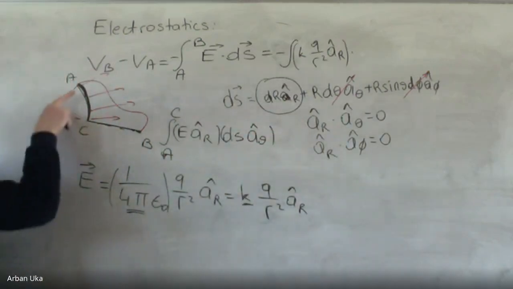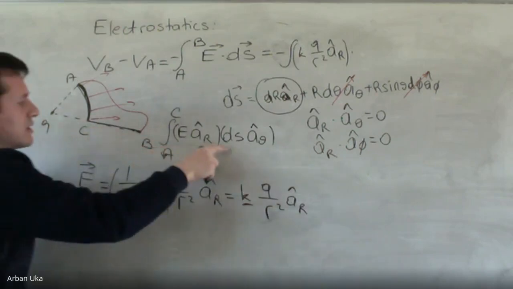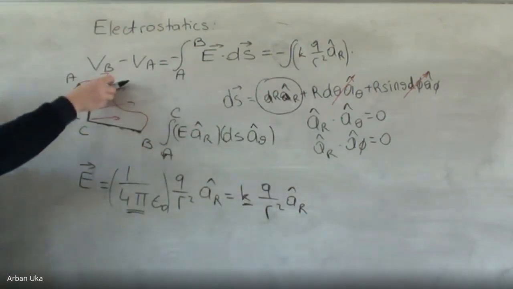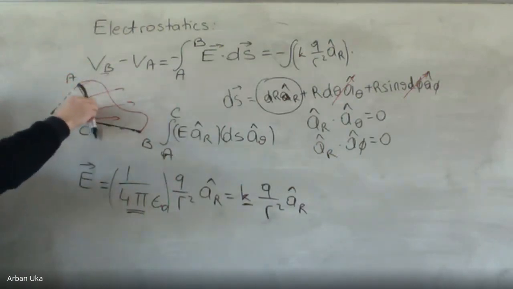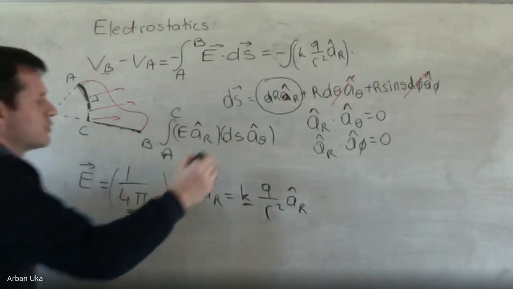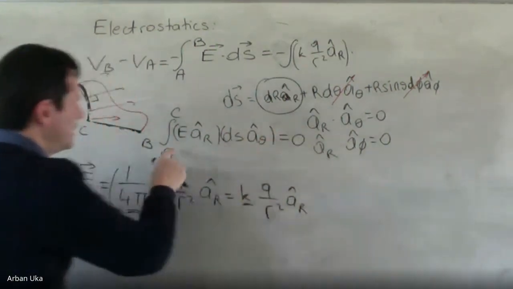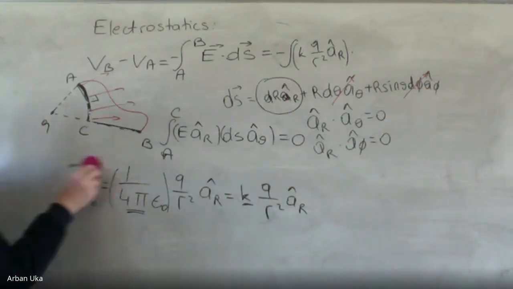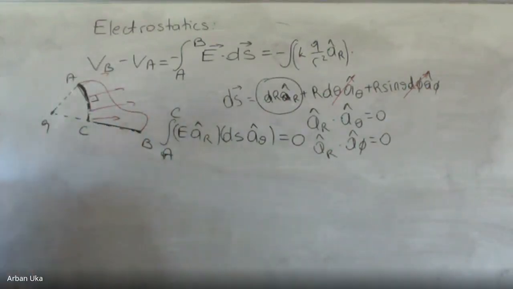Which means that along this whole path, we are going to get a zero, because once you take the dot product of an electric field which points like this, and the path which points 90 degrees with respect to the field, we should get a zero. So the integral from A to C is zero.